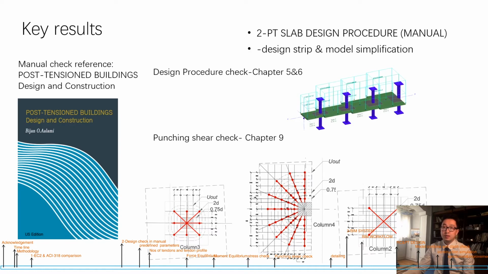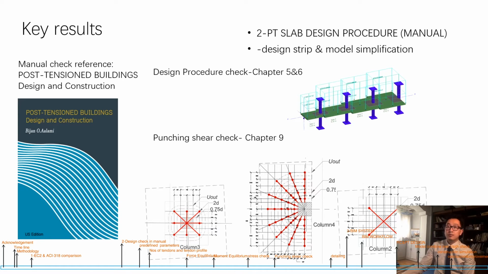So the next part of my study is to learn the PT slab design procedure by hand. Before using any software to design a certain form of structure system, it is necessary to know the hand calculation design and check from A to Z, so that when engineers use the software, they can judge whether the computer-generated design result is correct or not.